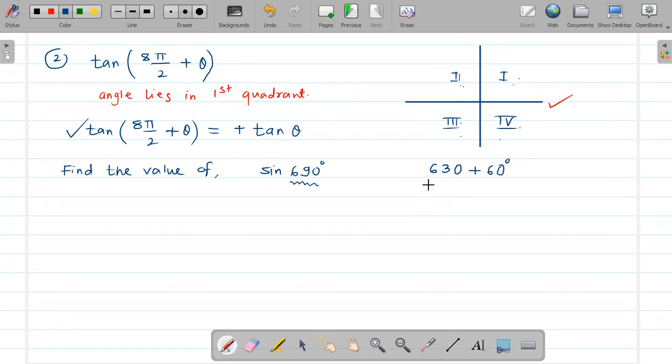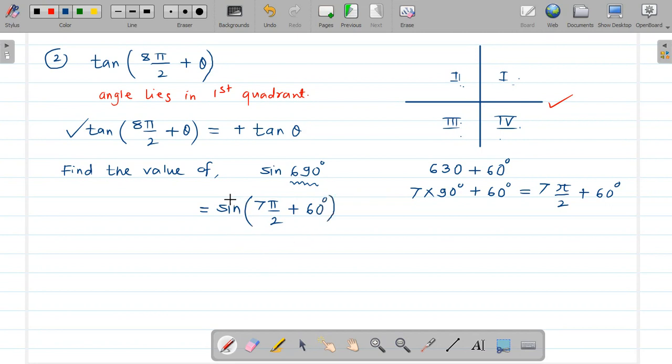630 degree means how many times 90 degree? It is 7 times 90 degree plus 60 degree. Find the nearest multiple of pi by 2. That is nothing but 7 times pi by 2 plus 60 degree. So to get the value of sine 690 degree, first of all I will express sine 690 degree as sine of 7 times pi by 2 plus 60 degree.